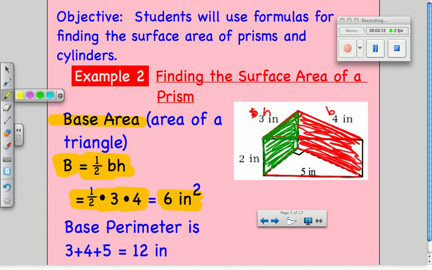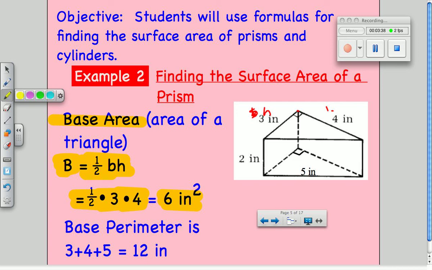Okay? That's another rectangle. And then there's this one in the front here. And this is the other rectangle. All right? So those are the 3 sides to this triangle. And then it has a top and a bottom. All right? So, we want to find the area of those faces.